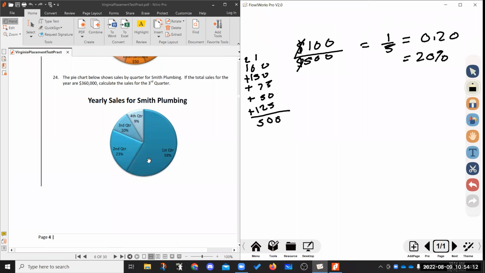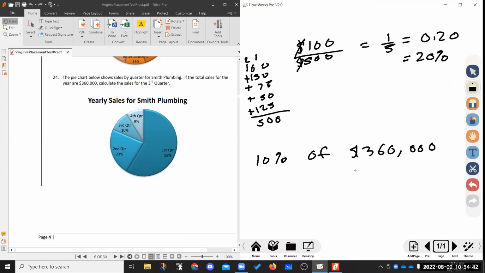Okay. The pie chart shows sales by quarter for Smith Plumbing. The total sales for the year were $360,000. Calculate the sales for the third quarter. So the third quarter is going to be 10% of my total, 360,000.